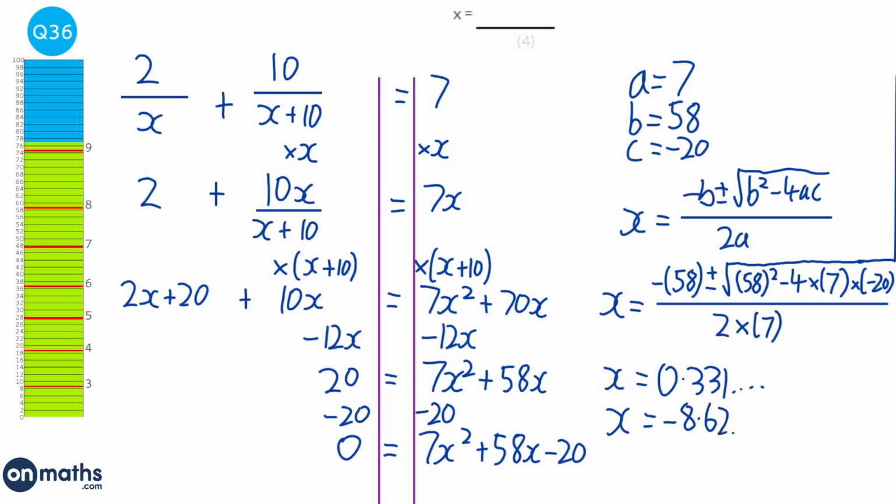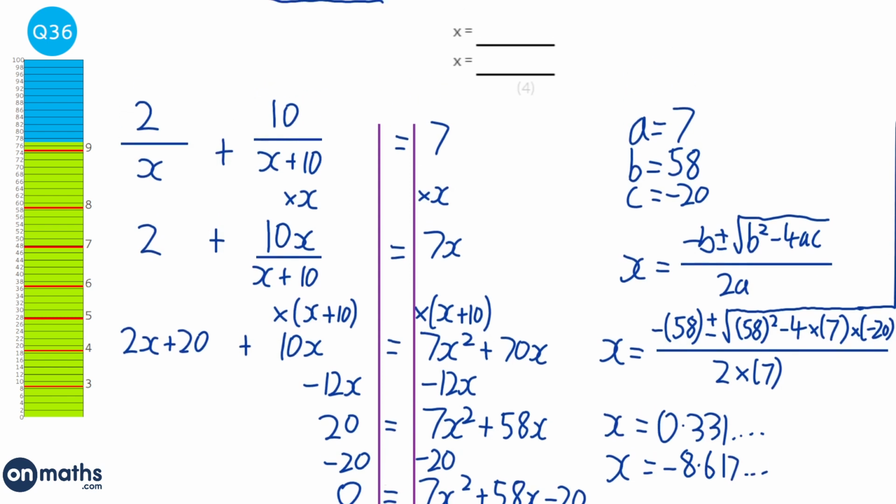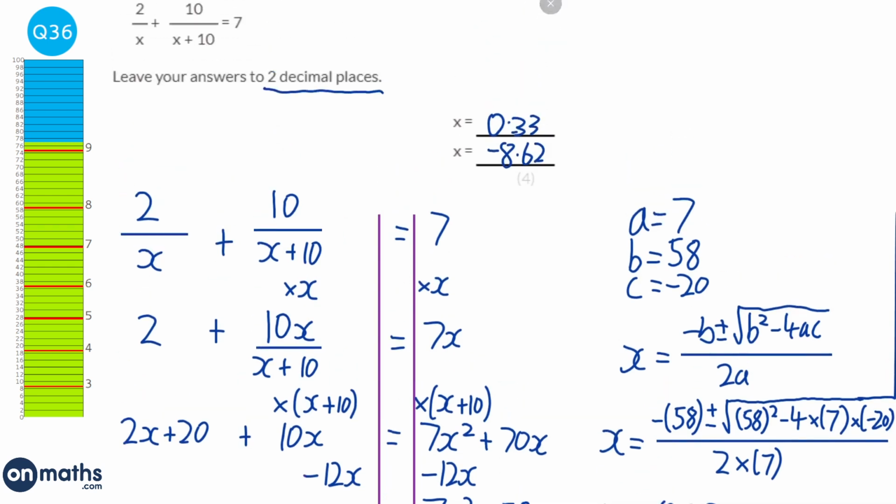Oh, hang on, that's not quite right. 8.617, blah, blah, blah. Rounded too early there. And then when you round those, you should get 0.33 to 2 decimal places, and the other one will be minus 8.62 to 2 decimal places.